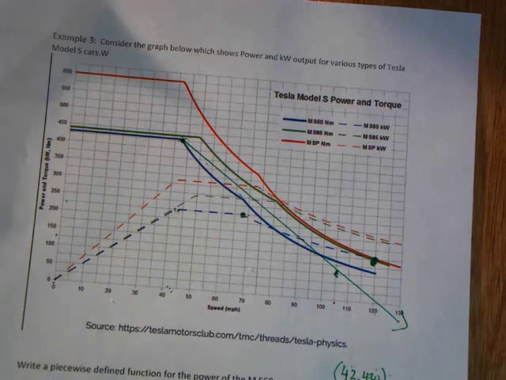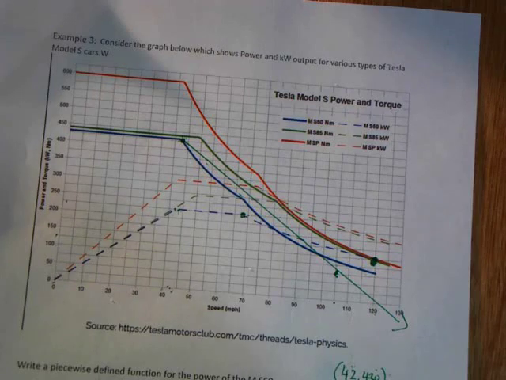Other places where you might see piecewise defined functions. If you look carefully at your electric bill or your gas bill, those are piecewise. They charge you a lot at first for your electricity, and then the more you use, they have drop-offs. And the same thing works with natural gas.